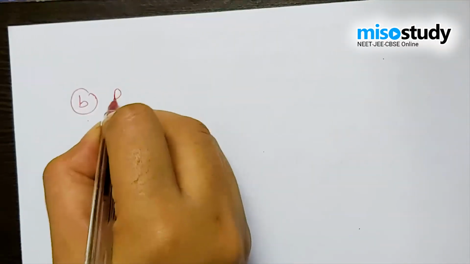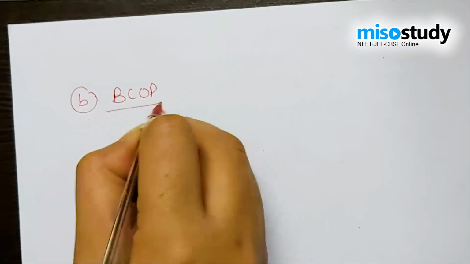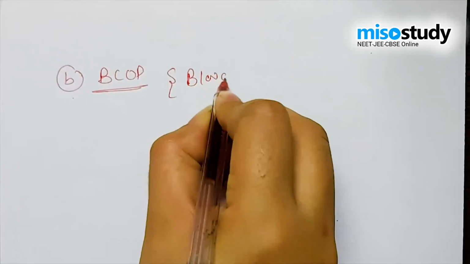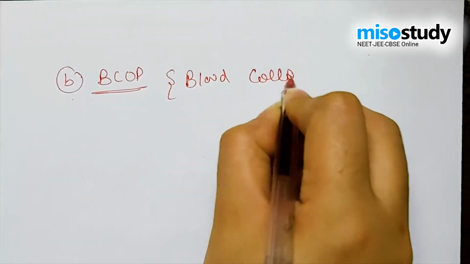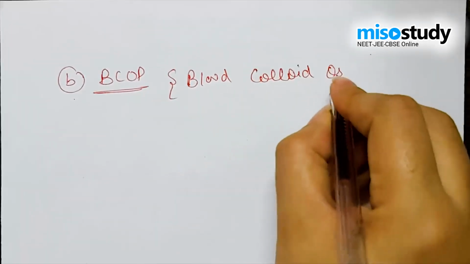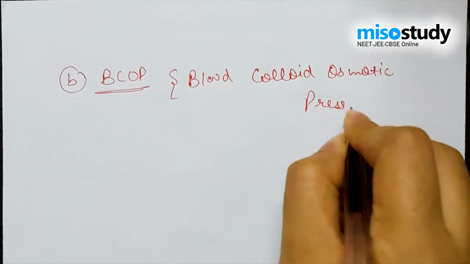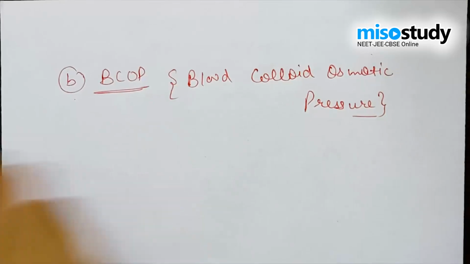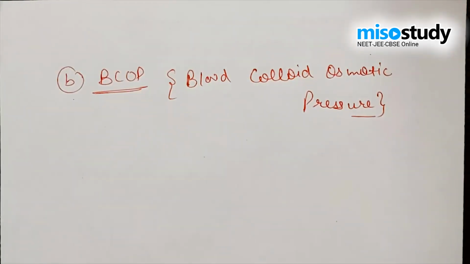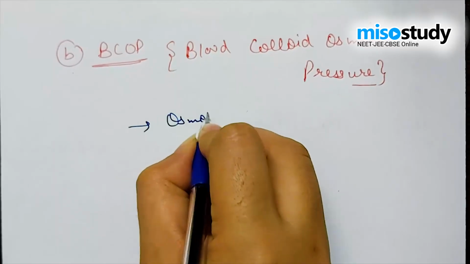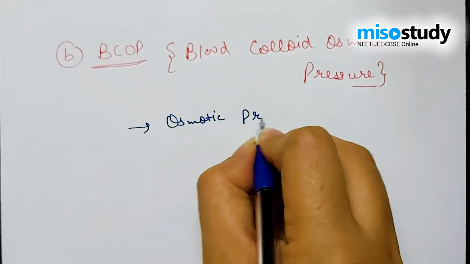The next is BCOP, also known as the blood colloid osmotic pressure.